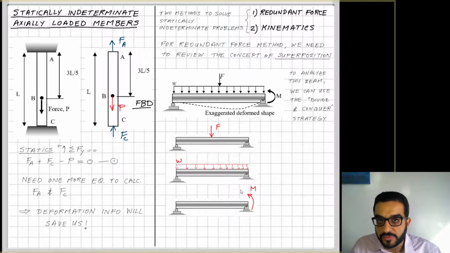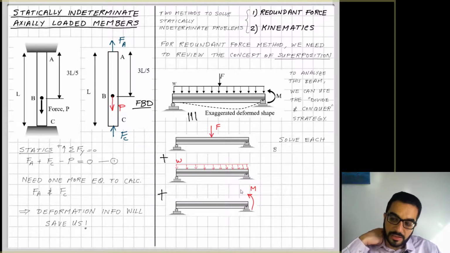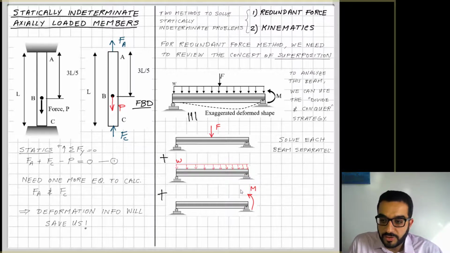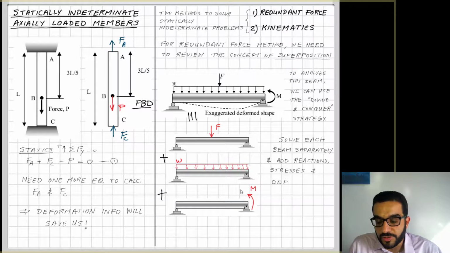So I have the point load in the first, the distributed load in the second, and the moment load in the third. The promise of superposition is that whenever I add up the values of a variable from the 3 cases of the same beam, it will add up to the original value that I would have gotten if I solved the original beam with all the loads on.